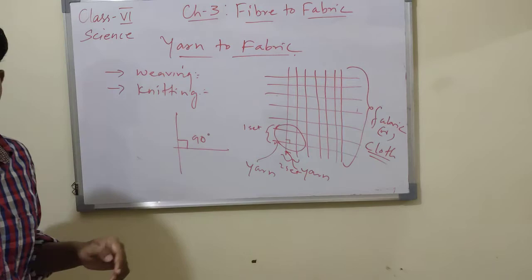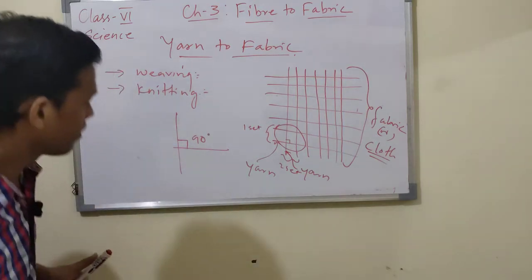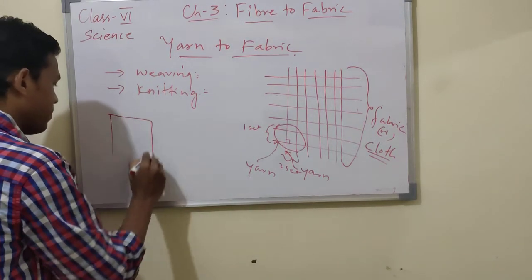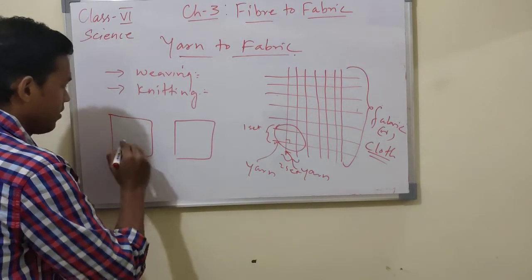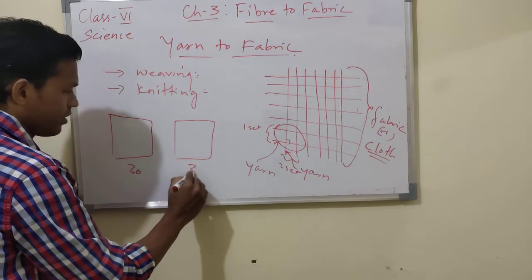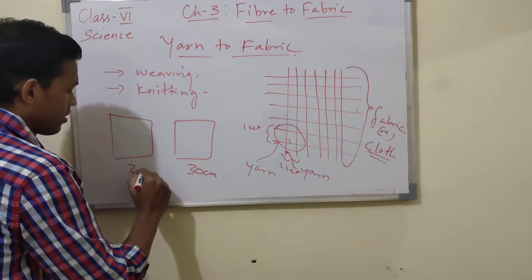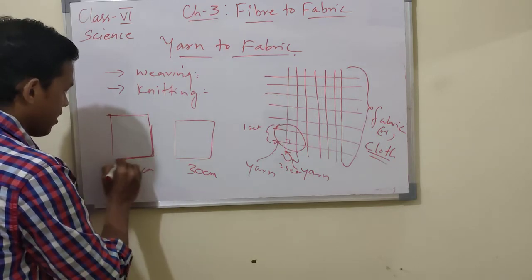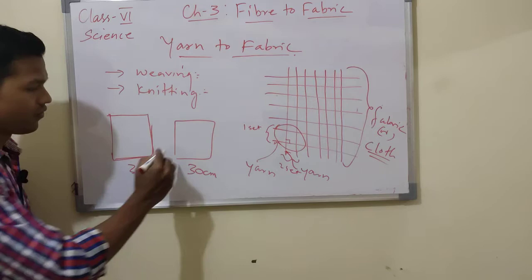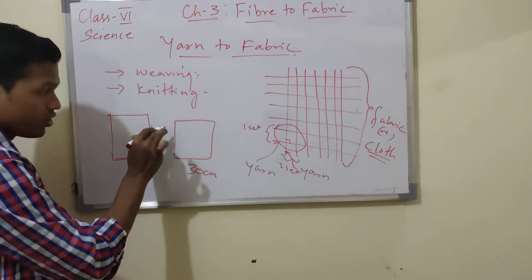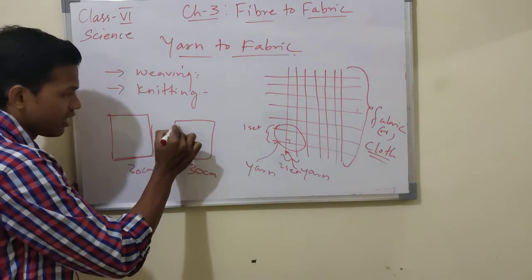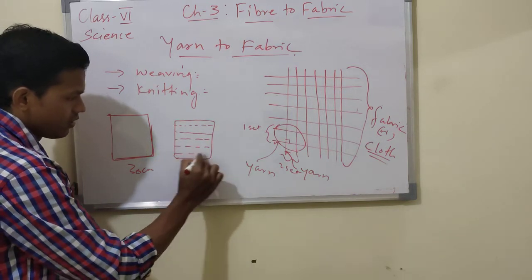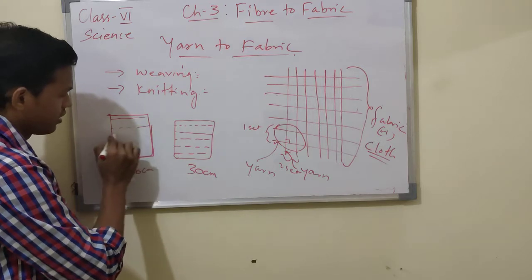If you take a piece of paper, around 30 centimeter, two pieces of paper, both 30 centimeter square, with different colors. Now with the help of scissors, you cut it in this direction.